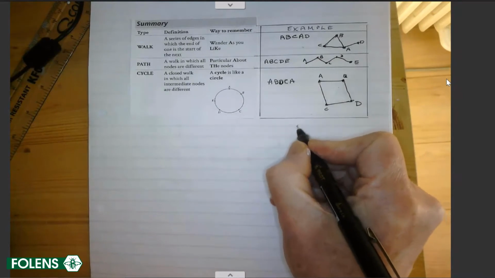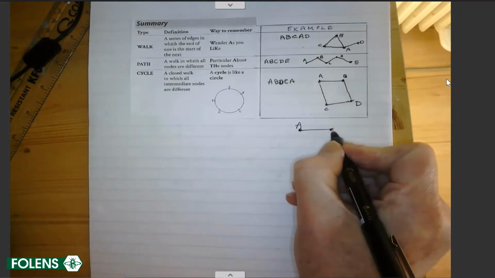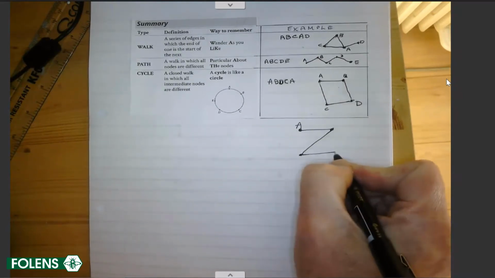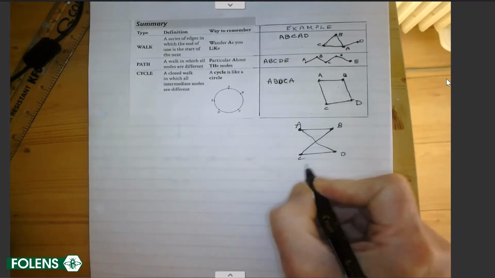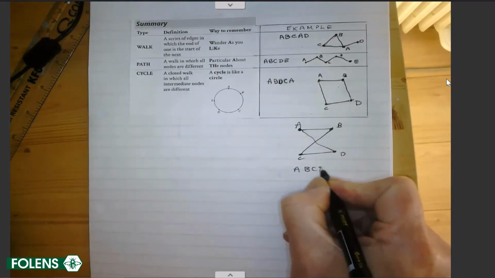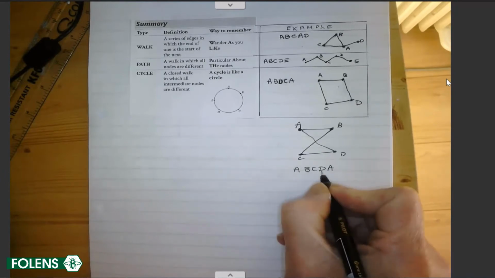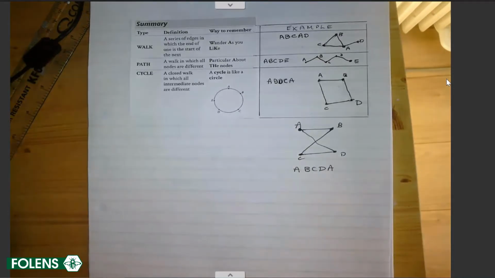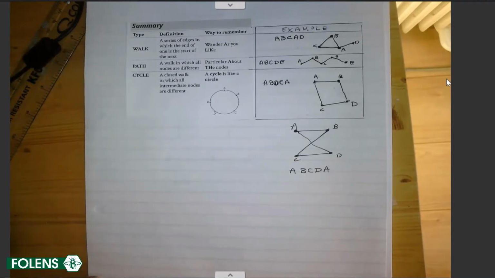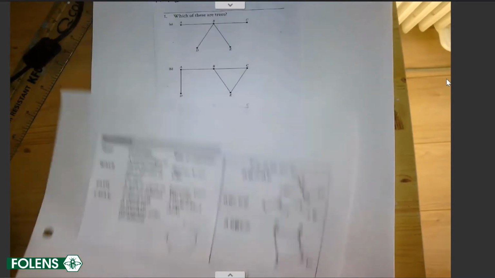Just to warn you that if you went from A to B to C to D to A, that is also a cycle, because the first four of them form a path, and then you're back to where you started. You can't visit the same place twice, except the beginning and the end, of course, to get back to where you started. That is called a cycle.